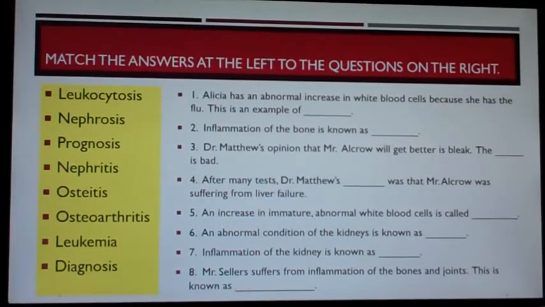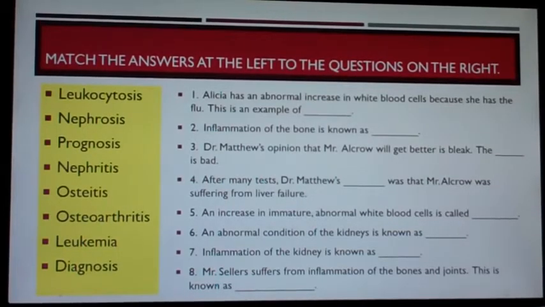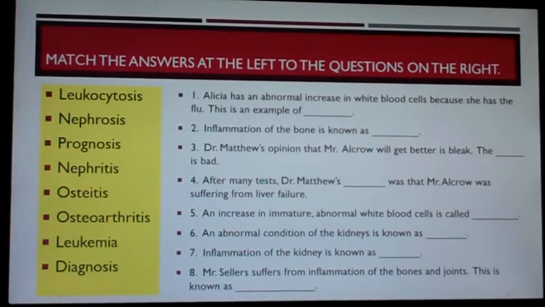Number 6, an abnormal condition of the kidneys is known as blank. Number 7, inflammation of the kidney is known as blank. Number 8, Mr. Sellers suffers from inflammation of the bones and joints. This is known as blank.